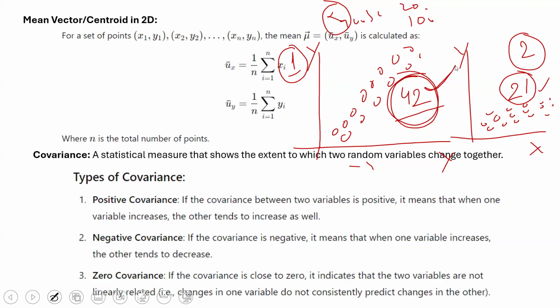So there is no specific boundary to say these are highly correlated or not. Let's suppose I have something like -1, 0, 1. If the covariance is 1, then they are highly correlated, and if it is minus 1, they are negatively correlated.